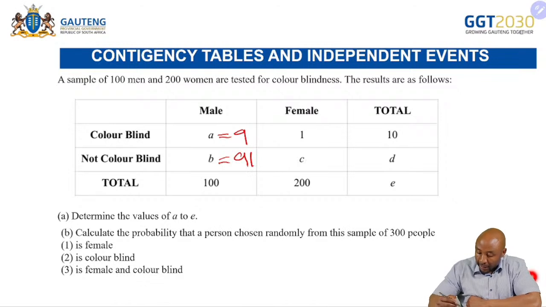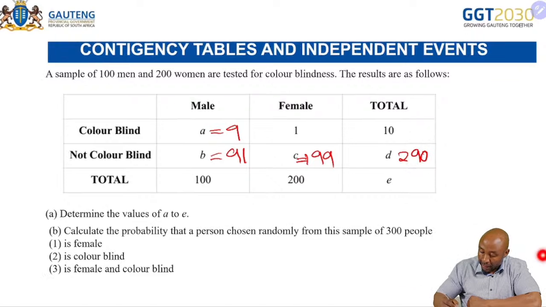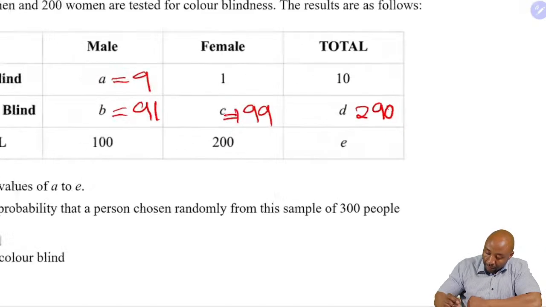To get my C, it is 200 minus 1, and that should give me 199. That's my C. To get my D, it becomes 91 plus 199, and this will give us our D as 290.